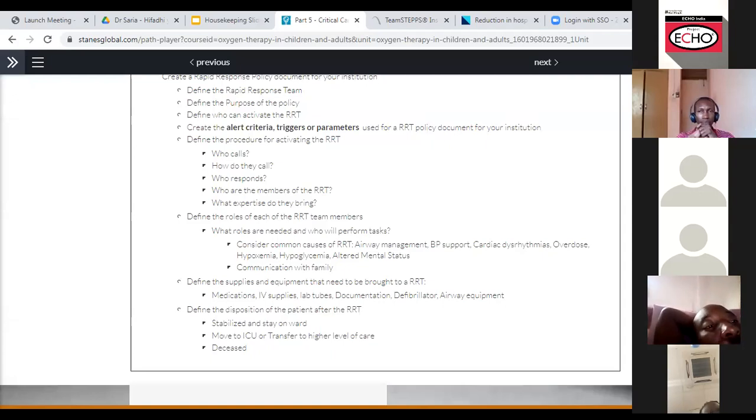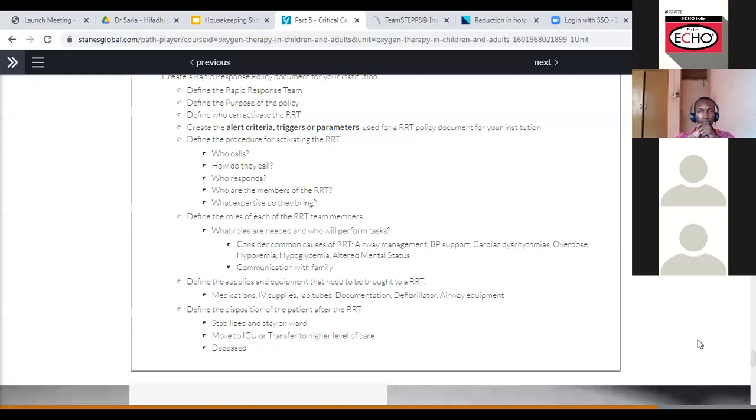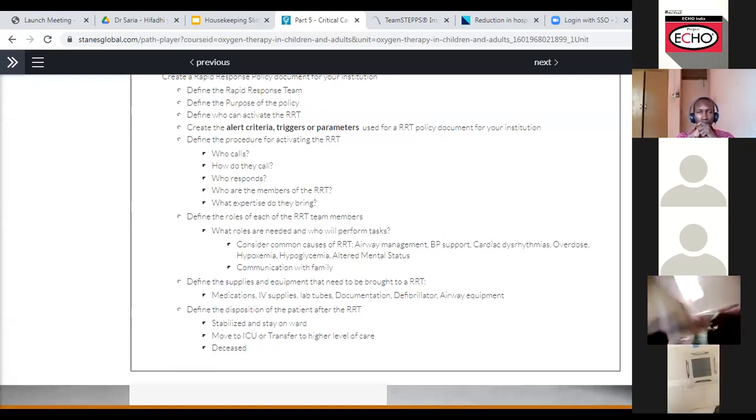Or should this patient be referred to a higher level so that they can benefit from other medical care? So this also should be well known to that team. The rapid response team is not necessarily going to do everything. They will also be able to move this patient from where they provided that care to the next step. Thank you.